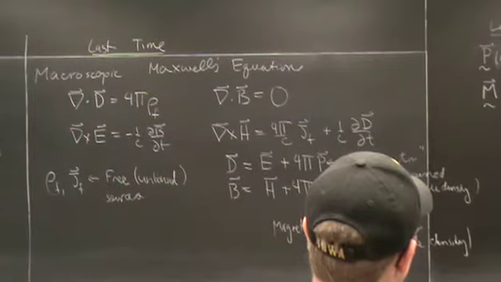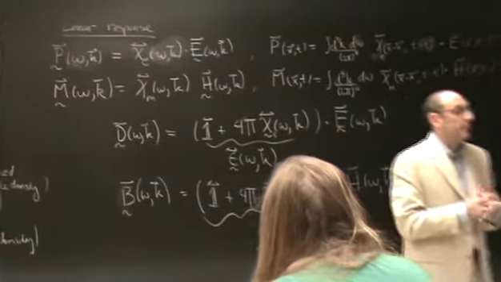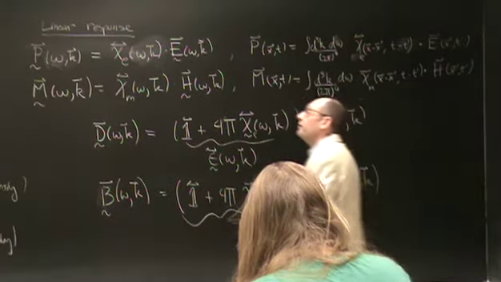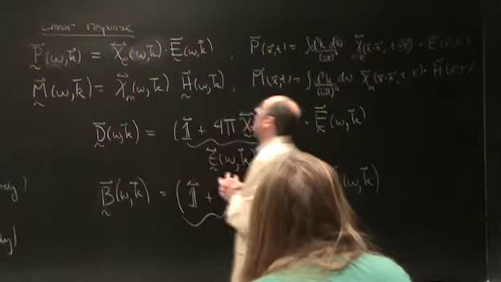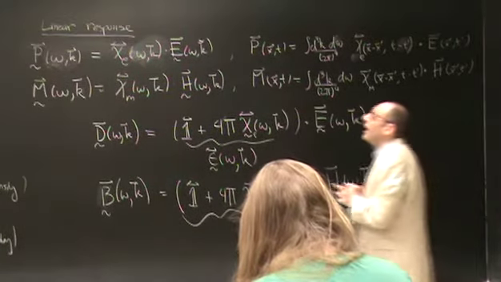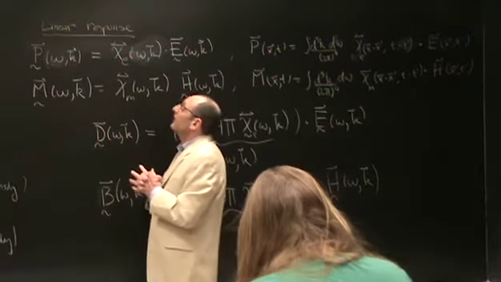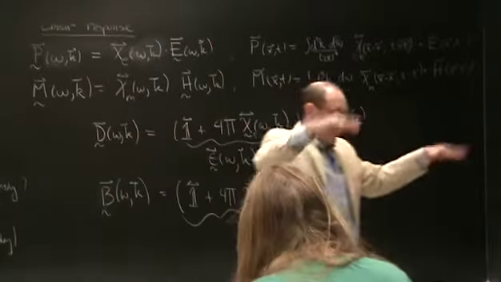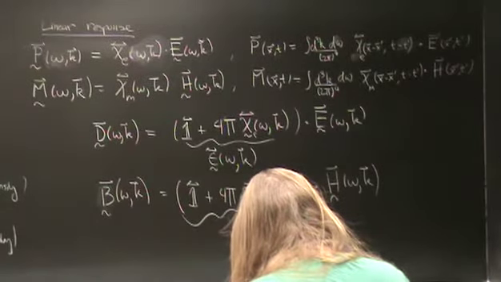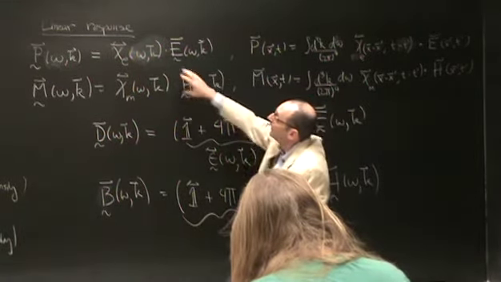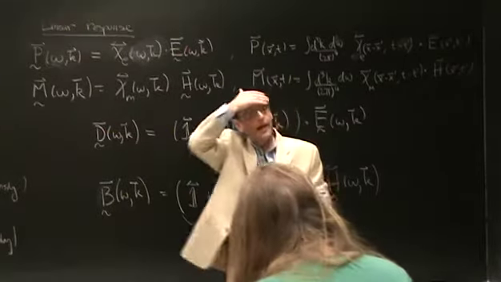To lowest approximation, which is often an excellent approximation, that response is linear, meaning that the amount of induced polarization and magnetization are linearly proportional to the amplitude of the applied field. And that amount will generally depend on the temporal and spatial frequency of the applied field. So those proportionality relations in linear response theory are written in the Fourier domain.